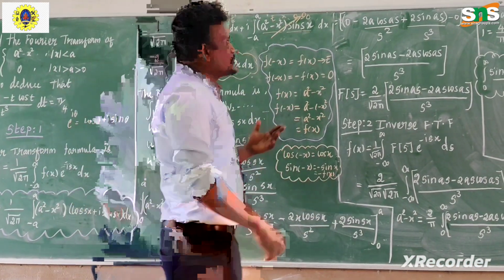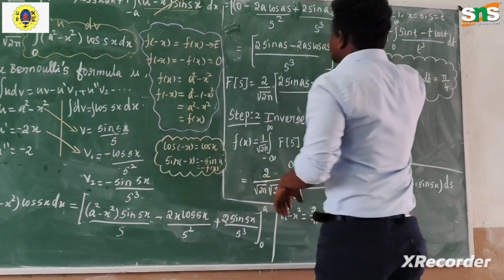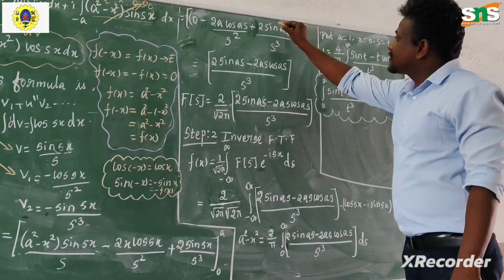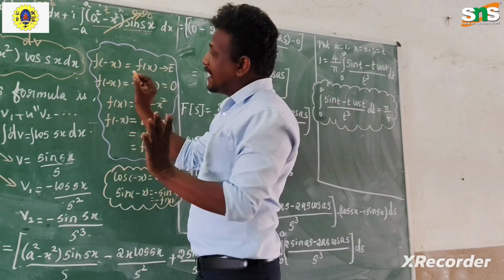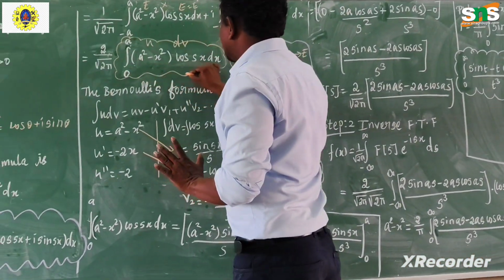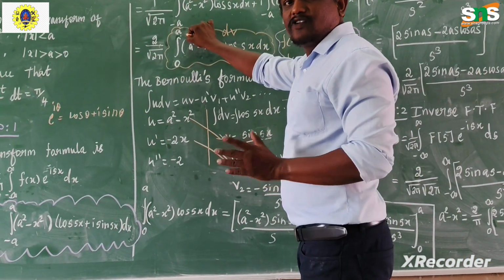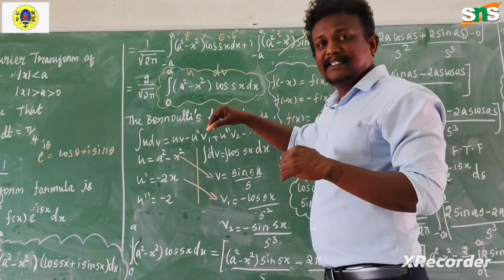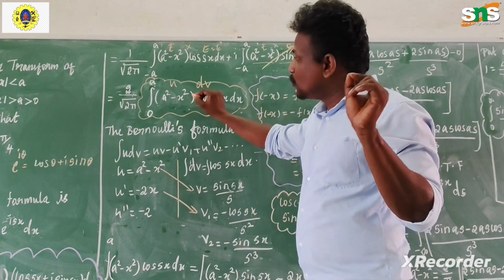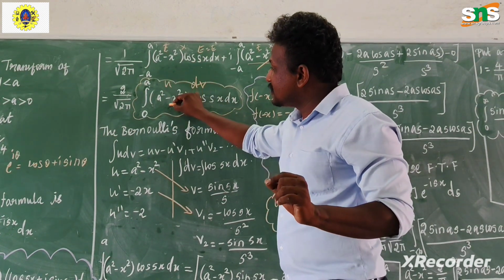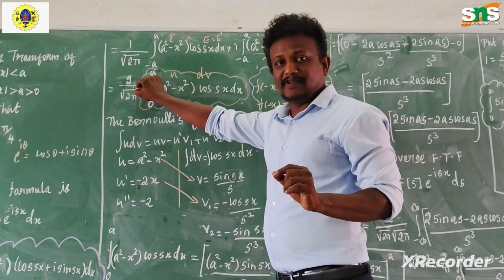So when you substitute your limits, you will get this one, right? So after simplification, you get this one. So far, you are just evaluating the integration part of this expression. After finding the result of this integration part, what you need to do? You need to multiply the result of this expression with this result, right?